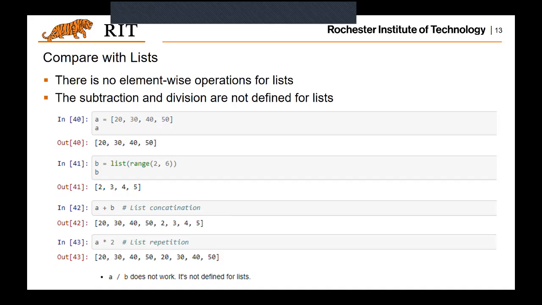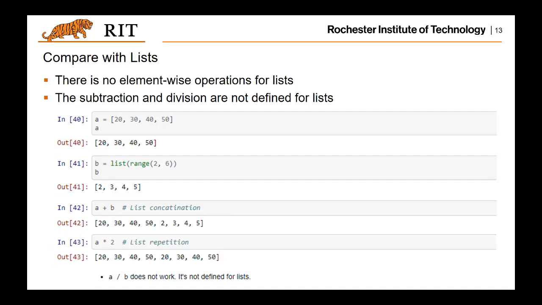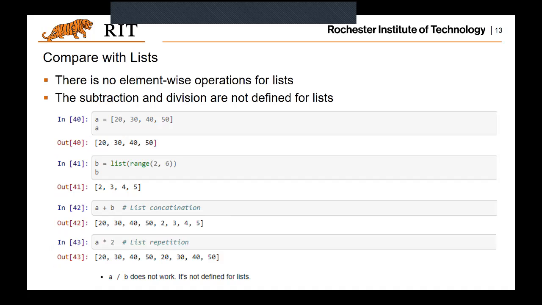So as I mentioned, these kinds of operators are different from the ones for lists. First of all, there's no element-wise operations for lists. Also, there's no subtraction and division operation defined for lists. Let's look at this one. So this A is a list, right?